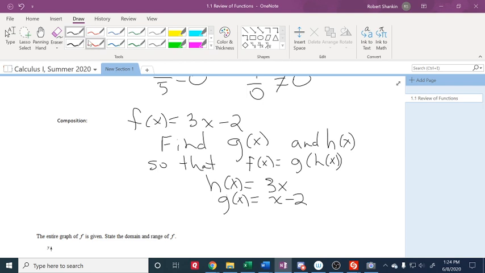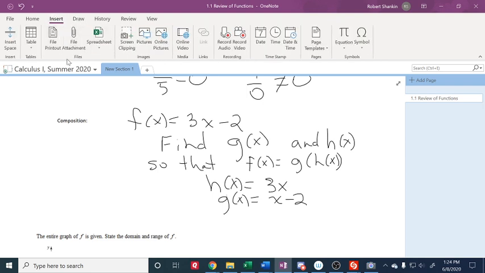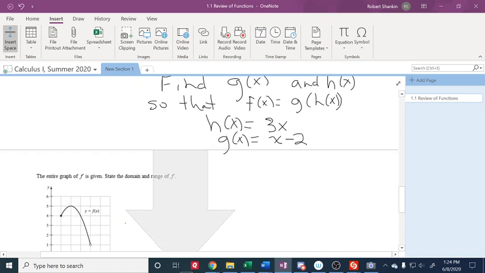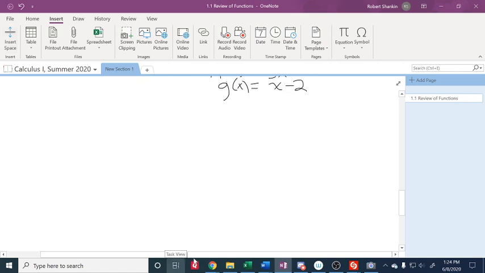And let me insert some more space here. Okay.